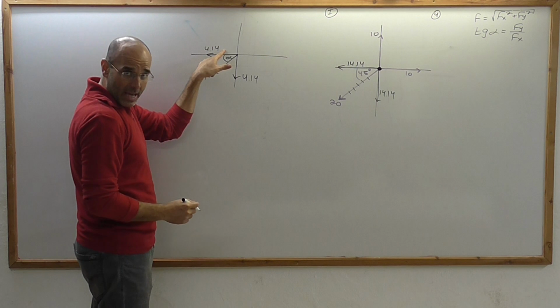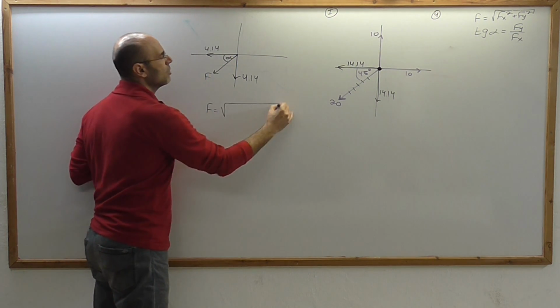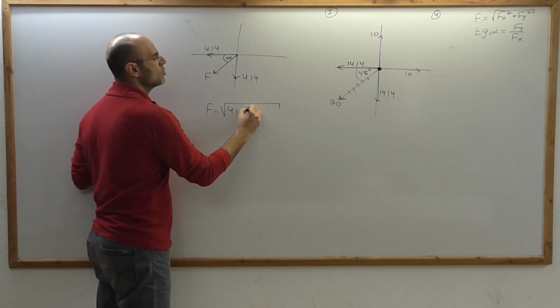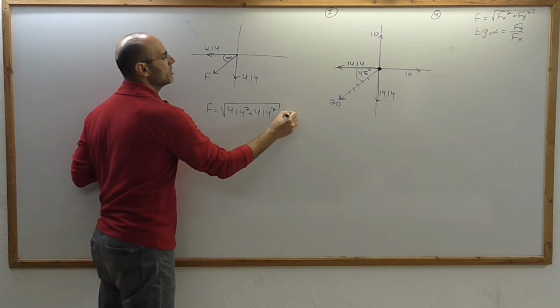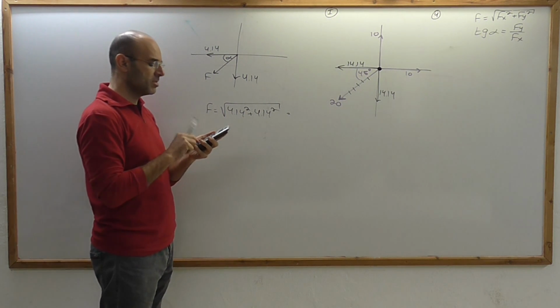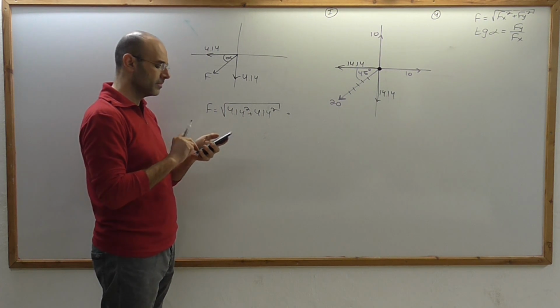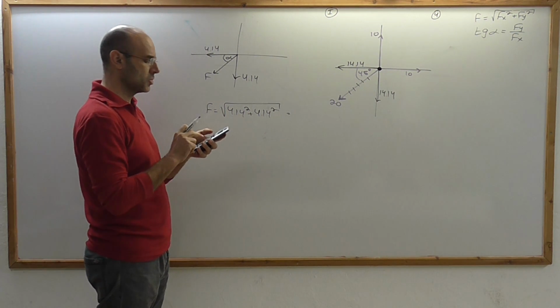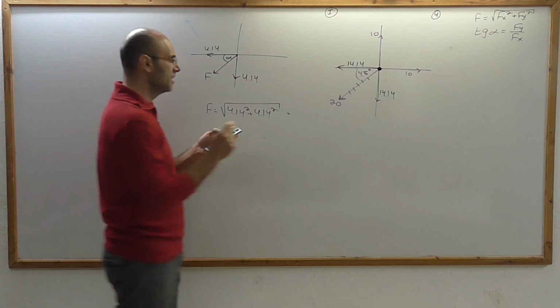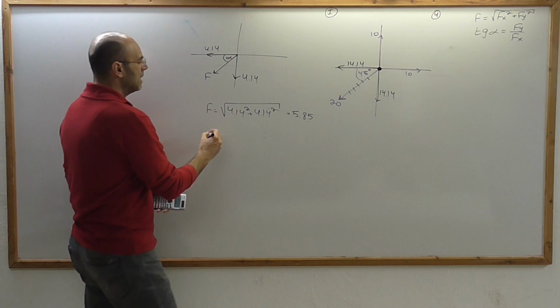The alpha always with the x, by the exponent. So F will be square root of 4.14 squared plus 4.14 squared. Let's do it. 4.14 squared plus 4.14 squared, square root, wow, square root as 5.85, about.